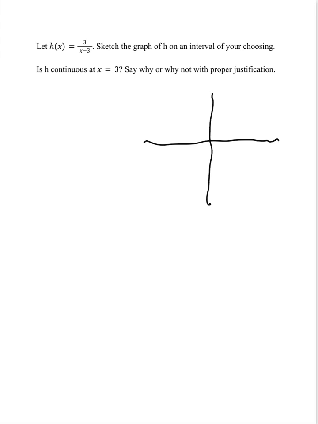So I'm going to draw a graph here. Hopefully you know how to graph this from pre-calculus or algebra. There's an asymptote at x equals 3. That's what the graph will look like. Hopefully you've memorized this type of graph by now.